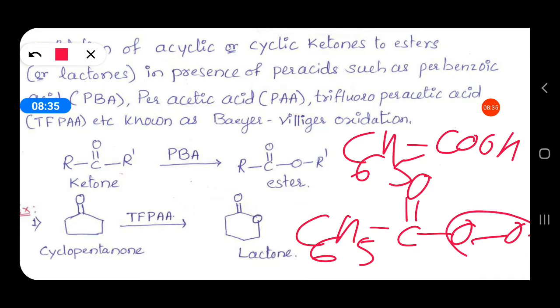One extra oxygen is present, like a peroxide oxygen bond, therefore they are called per acids.